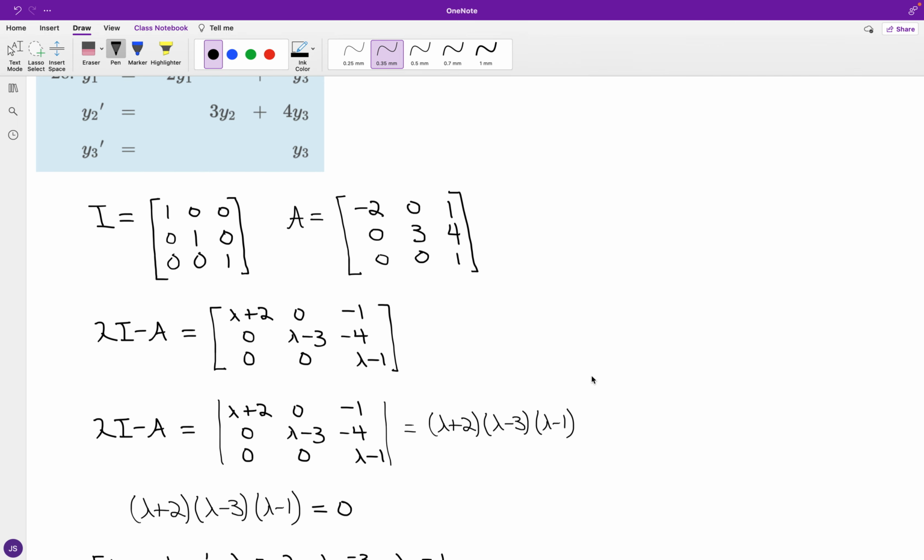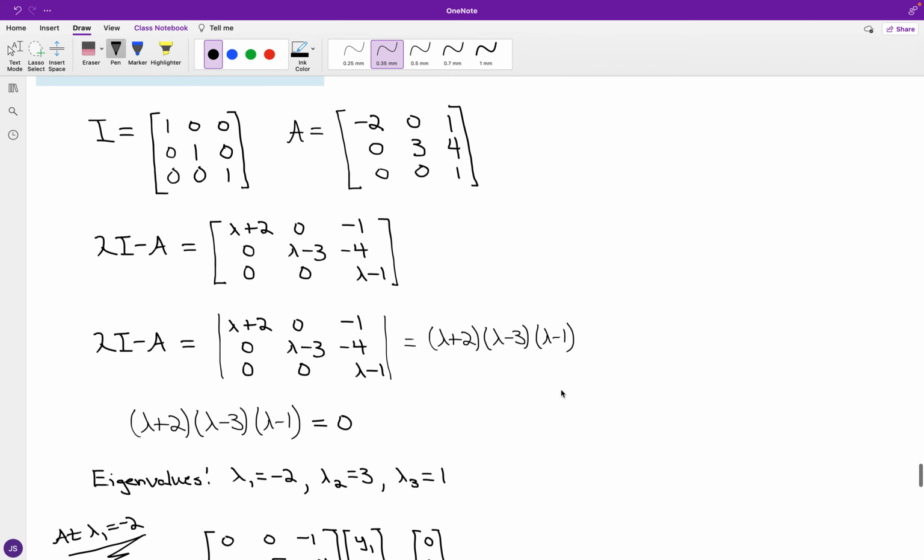And for lambda I minus A, we're going to have, again, lambda plus 2, 0, negative 1. Next row, we're going to have 0, lambda minus 3, negative 4. Last row, we have 0, 0, lambda minus 1. And just taking what we have for the determination of the determinant of lambda I minus A, go ahead and put these parallel bars down.